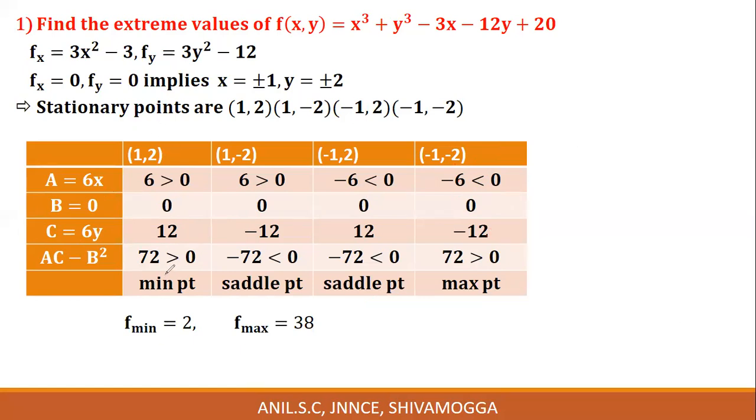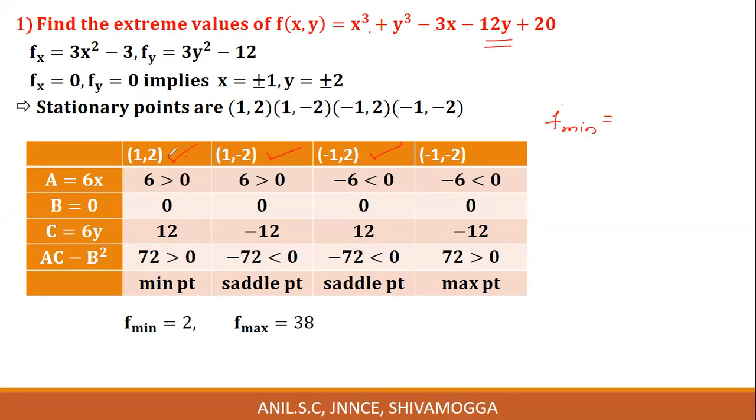1, 2 is the minimum point, minus 1, minus 2 is the maximum point, and the rest are saddle points. These two are saddle points. Now we find the maximum and minimum values. F minimum is obtained by substituting this point in this function, that is x cube plus y cube minus 3x minus 12y plus 20. The minimum point is 1, 2.